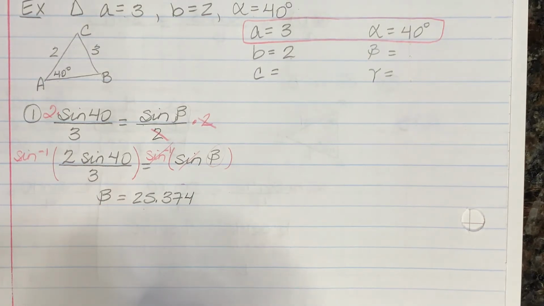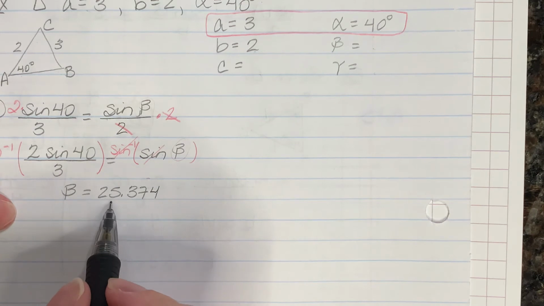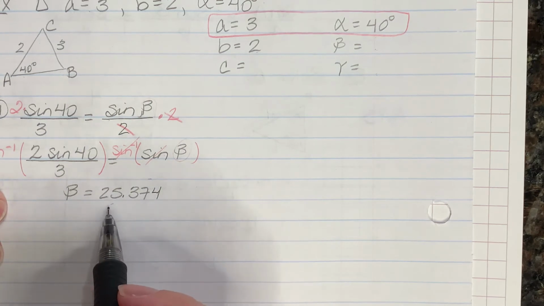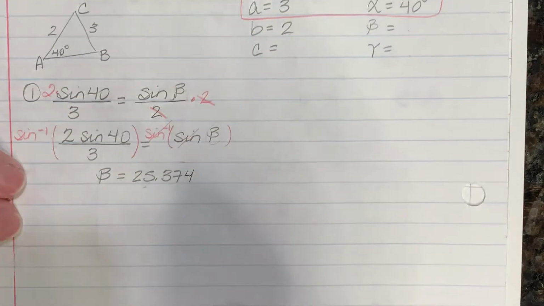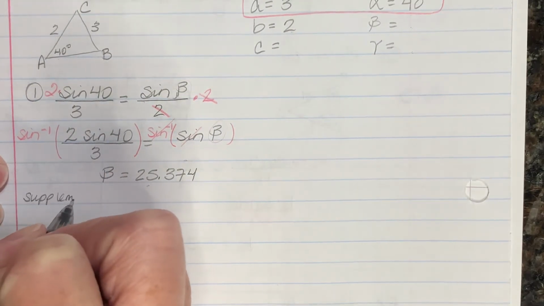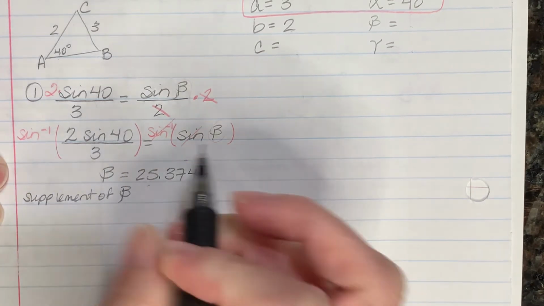The way we're going to determine if we have 2 triangles is to also find the supplement of B, right? Basically we're going to determine if B is the answer or if the supplement of B is the answer, or beta, I suppose.